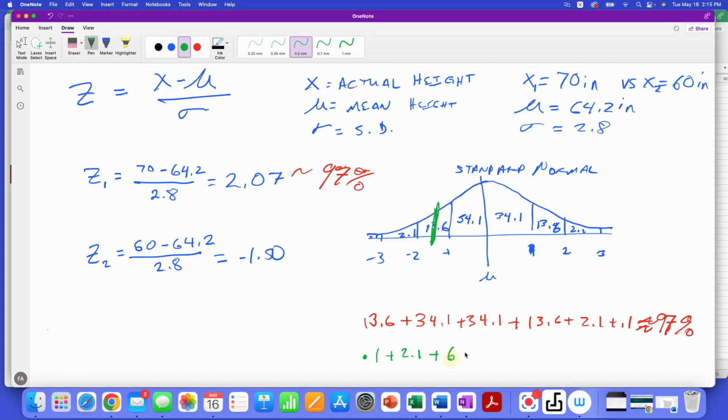Let's just say it's 6. And keep in mind that's a really loose estimate. It's probably a lot less than 6, and that means that this is about 8.2-ish. Okay, so this individual is approximately taller than 8.2% of the population.